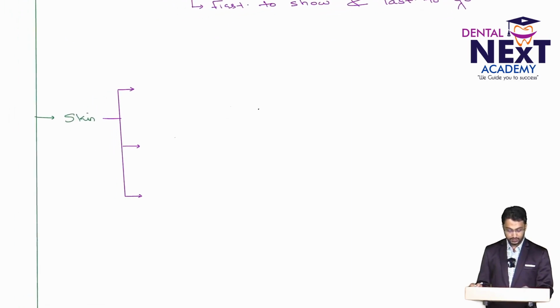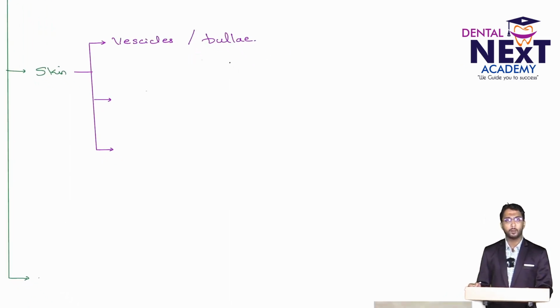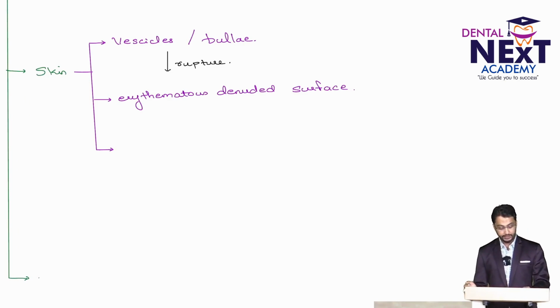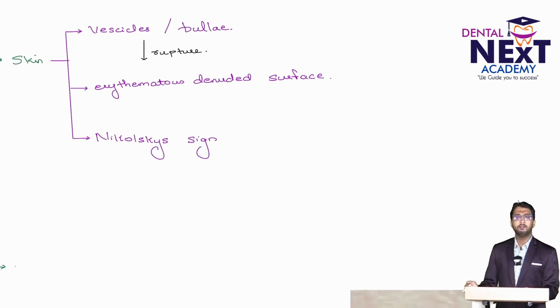Now when you come on to the skin lesions, vesicles and bullae are more common, unlike the oral lesions where erosions and ulcerations are more common. These vesicles and bullae, as I've told you, can rupture and lead to erythematous denuded areas and ulcerations.